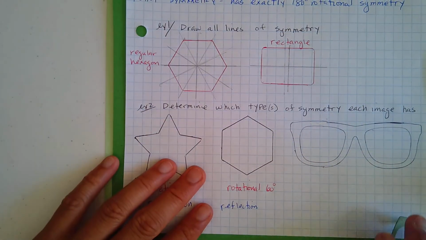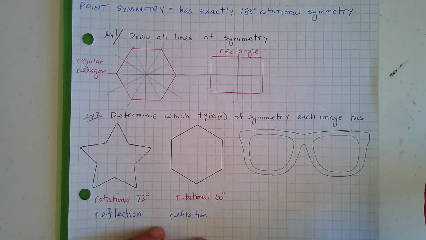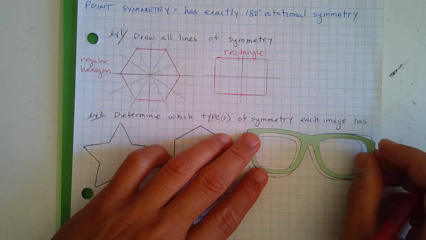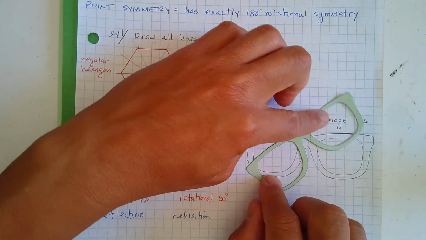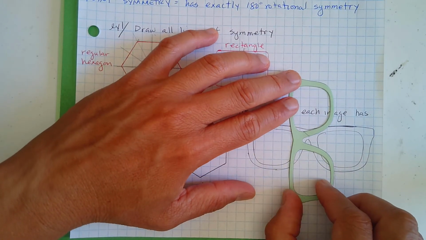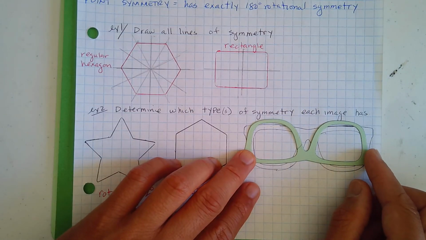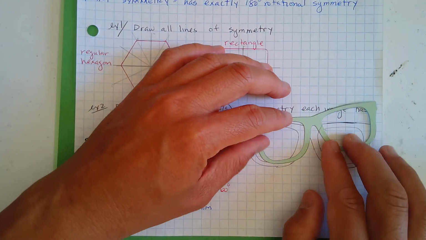All right, so let's take a look at this next shape. So these are glasses. So let's check if it has rotational. Let's see. This is 90 degrees. That's 180. Well, we don't have rotational because rotational is 180 degrees or less. So we start here originally at 0.